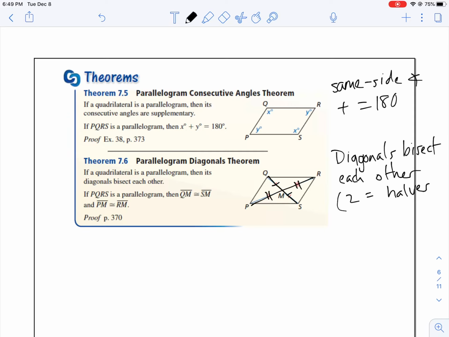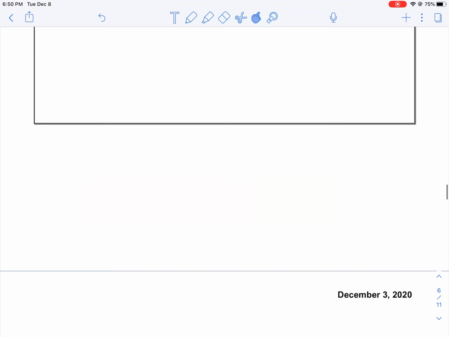This half and this half are equal. There we go. So same side angles. So these add to 180, these add to 180, these add to 180, these add to 180. All of those same side angles add to equal 180. And also our diagonals bisect each other, which creates 2 equal halves. So let's solve some with that.